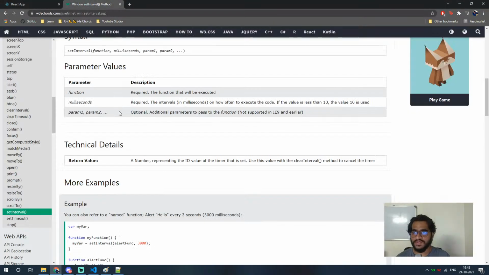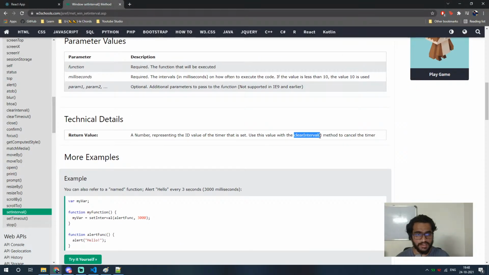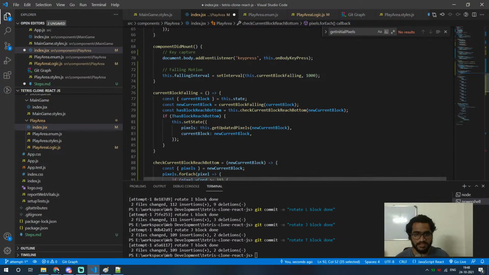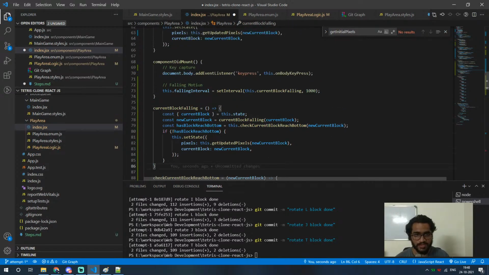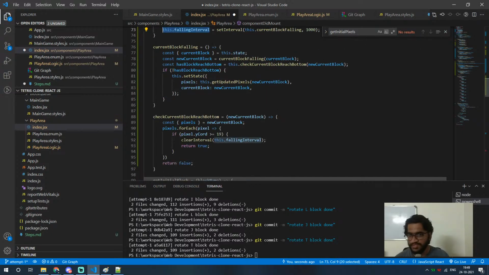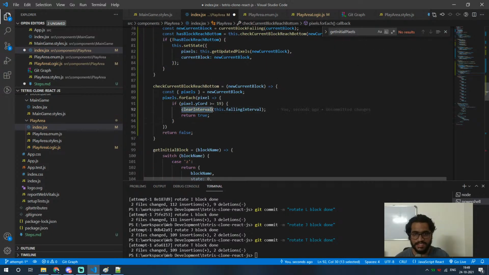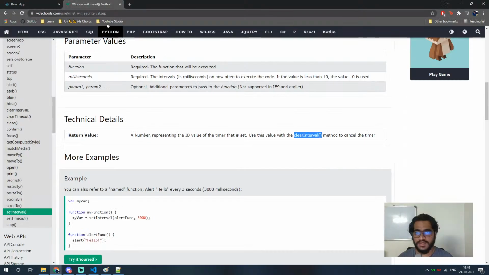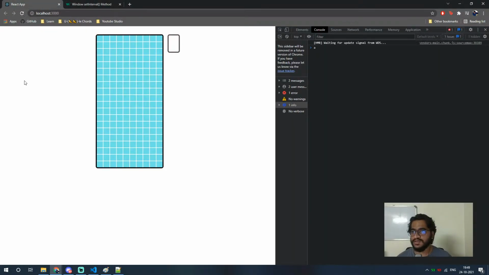The clear interval part, you would just pass the current set interval ID, which we have saved here, and we will pass it right here so that it ends right away, and it won't mess with our system. Let's check what's happening.